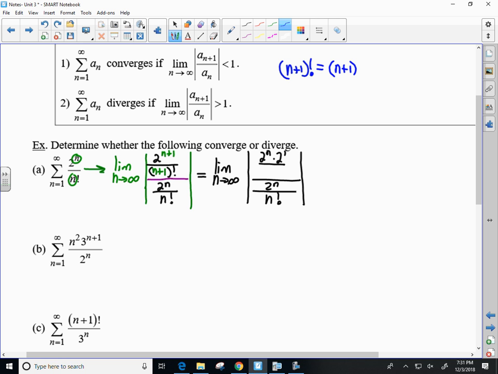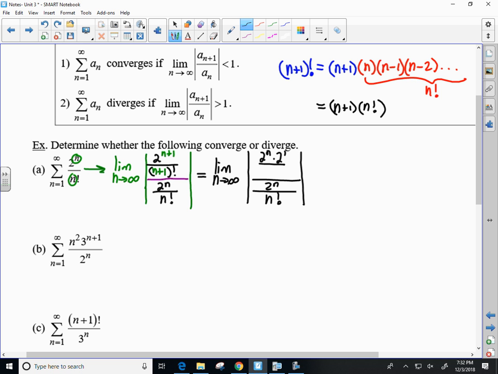So the next one in the multiplication would be n plus 1 minus 1, so just n. Then n minus 1, then n minus 2, and so on. That part in and of itself is n factorial. So what we get from this is the idea that n plus 1 factorial is the same as n plus 1 times n factorial.